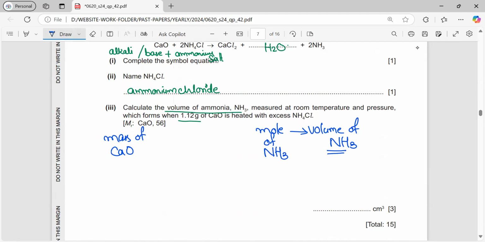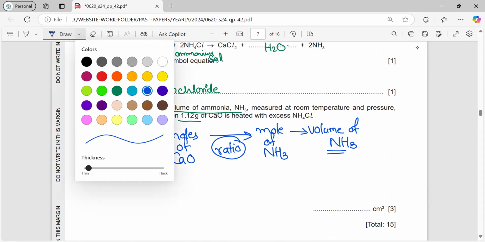So what we'll do: from the mass of calcium oxide, we convert the mass into moles of calcium oxide. Then from the moles of calcium oxide, we'll find out the moles of ammonia by taking the ratio from the equation. So let's do it.